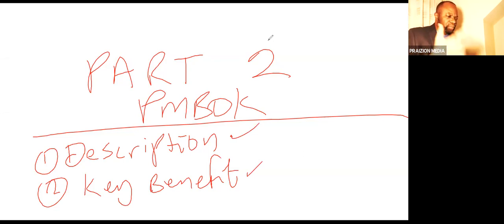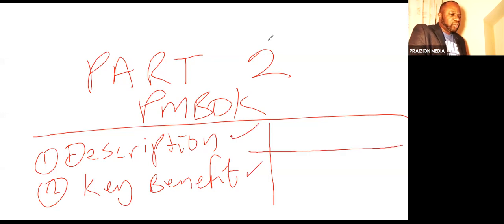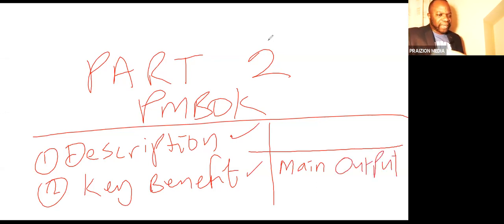When you know your description and key benefit, like I said last week, you need to know your main output. Main output, okay? What am I getting out? If you do not know your main output, how are you going to know the tools and the techniques to use?